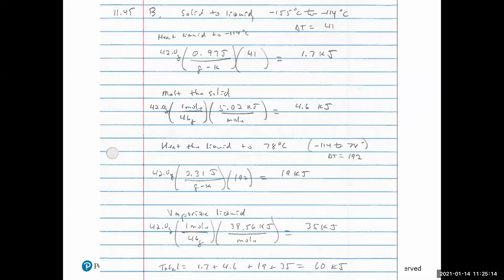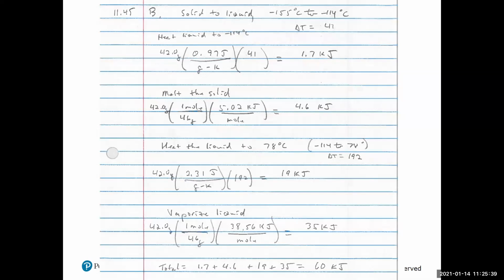The difference between 114 and 155 is 41. So we've got our delta T here. We've got our grams of ethanol. And then we go ahead and do our math. We cancel our K and G units out, and we're left with joules. Once again, I'm expressing it in kilojoules. And we get 1.7 kilojoules.